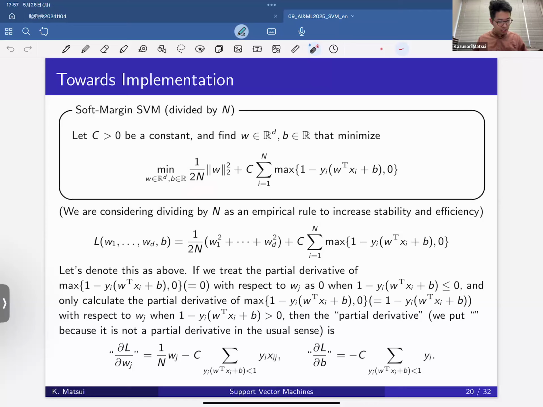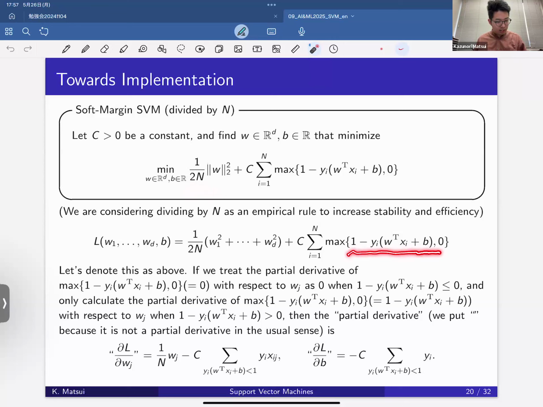When 1 minus yi times (w transpose xi plus b) is less than 0, it becomes 0.